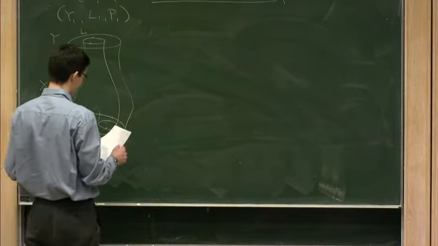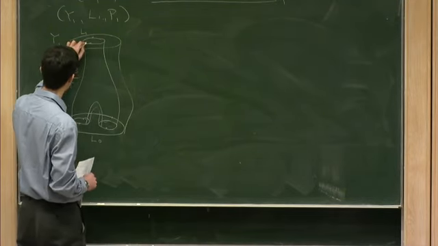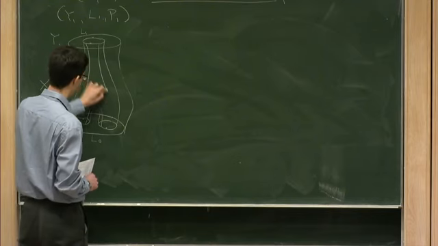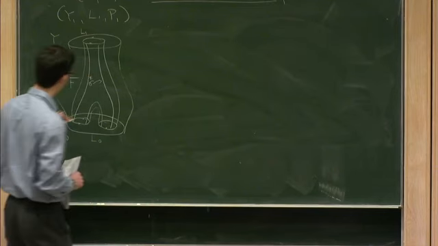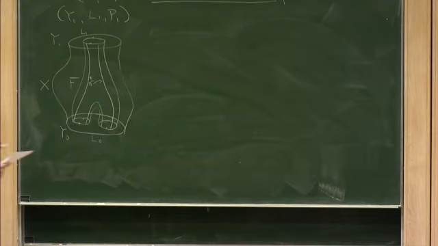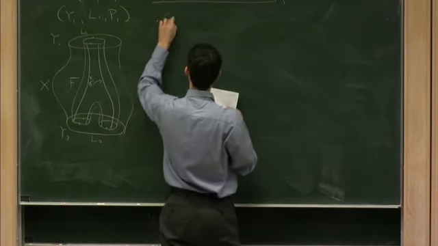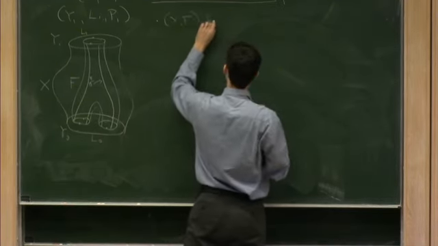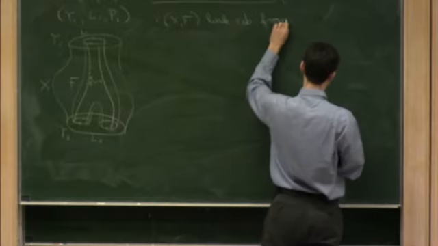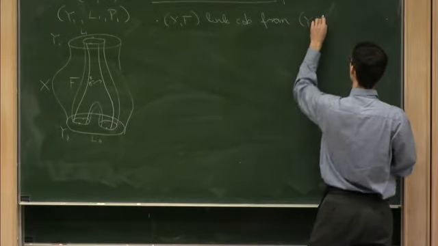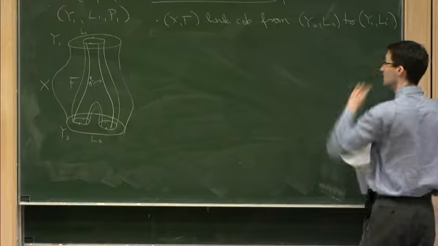And then sigma is some dividing set on this surface. So this is sigma, these properly embedded one-manifolds. And when I write it down, (X, F) is a link cobordism from (Y0, L0) to (Y1, L1).